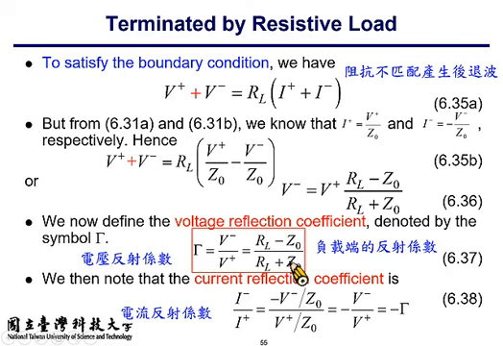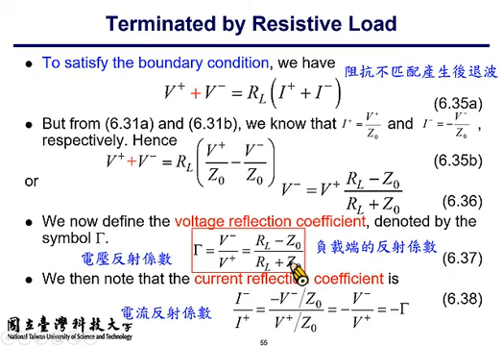And the polarity of the signal is inverted. So the voltage is inverted: V plus is inverted as minus V plus. Okay? Another extreme case is if your termination is an open circuit.